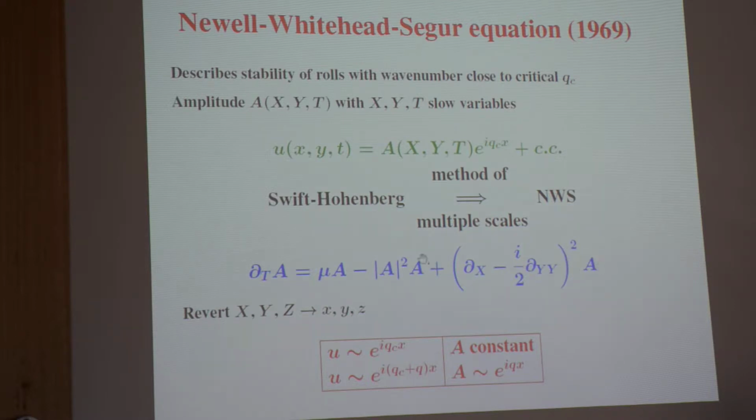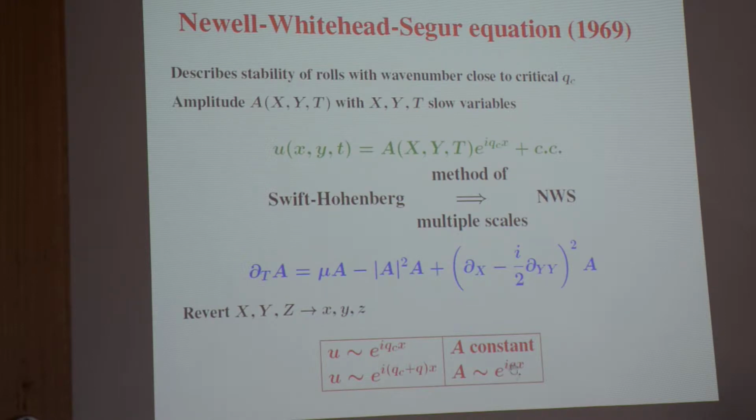Okay, so we're going to study this equation now. And also its meaning is different. Besides the way it looks, its meaning is different. When we did Swift-Hornberg, u constant meant that there's nothing. Here, A constant means we have rolls. That's what A constant means, because it's something that multiplies the rolls. And when we have rolls with the wrong or off-critical wave number, that's when we have e to the i q x.